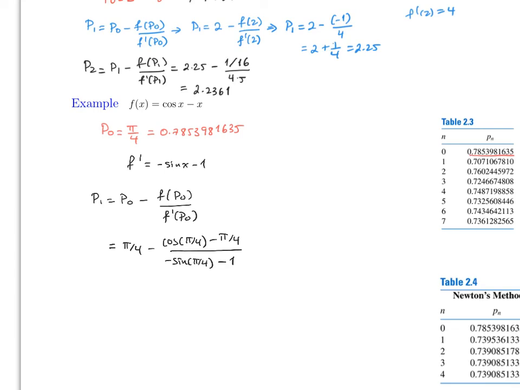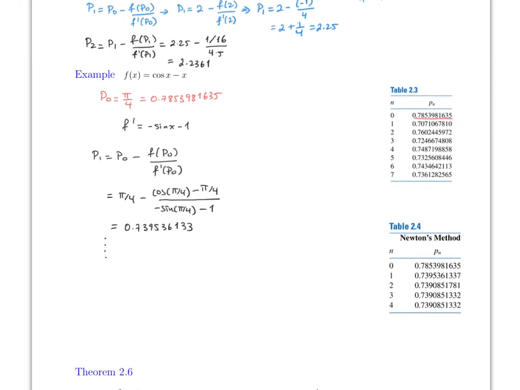And this will be very, very tedious to do by hand. But once you simplify this, you actually get 0.739536133. So you should check on that, and so forth.